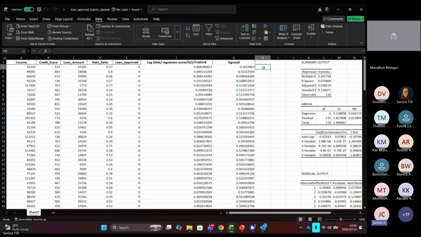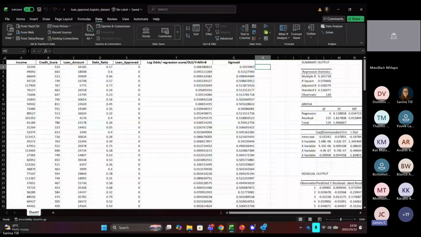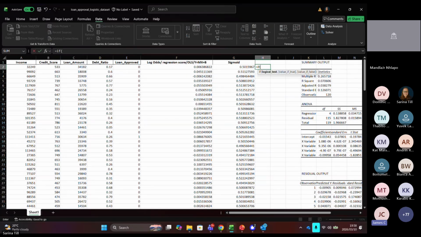So are we saying in this case it's not interpreting it as we would have thought, because it's giving more than 0.5, and all of these people's loans have been disapproved?